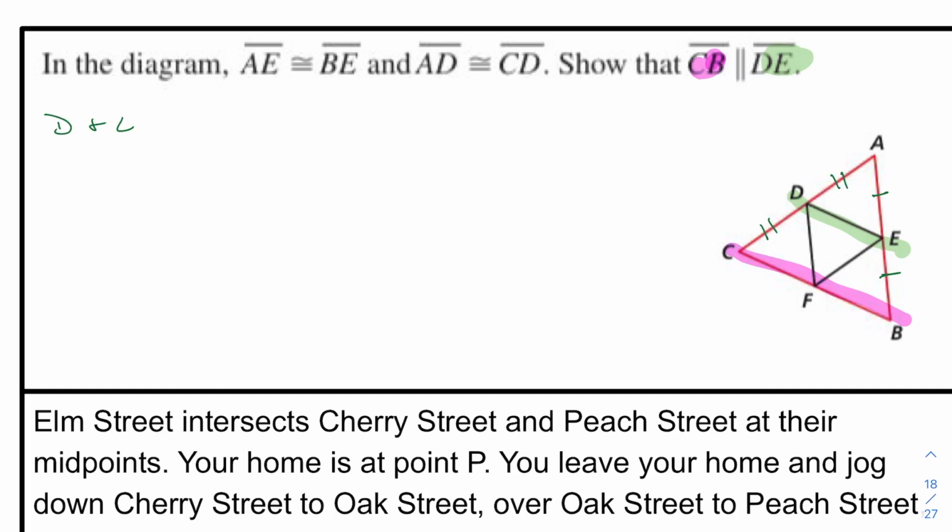So D and E are midpoints of AC and AB respectively.